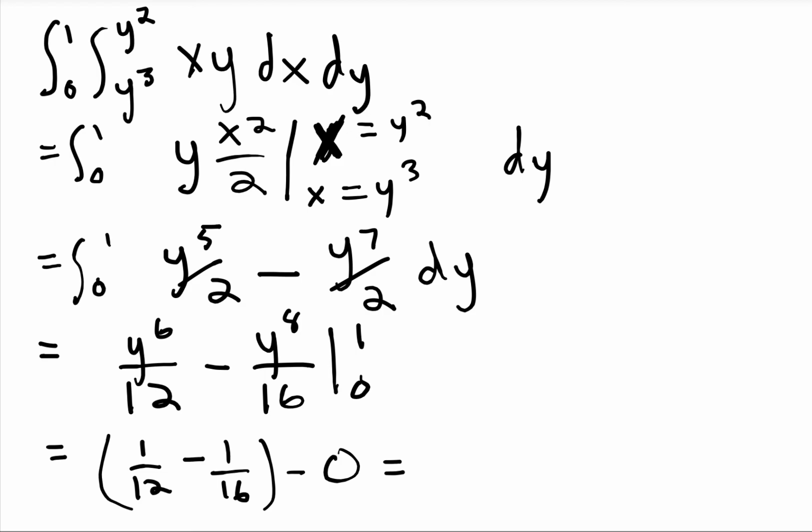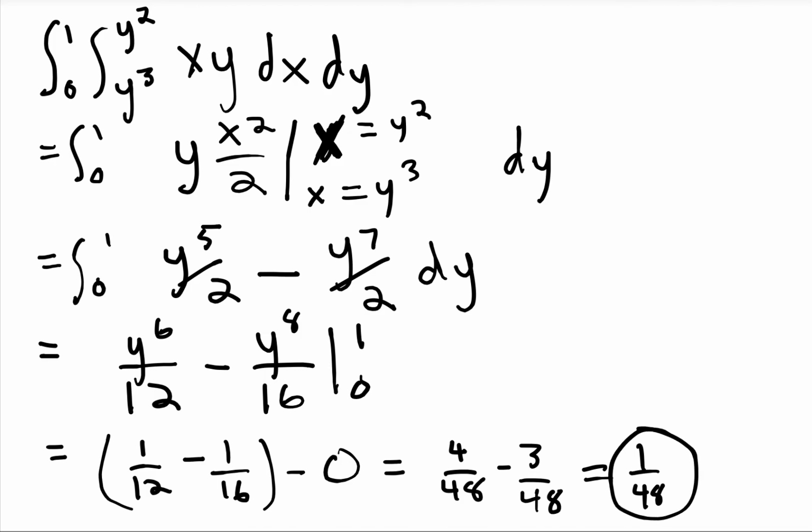So probably something like if I try this over 48, this boils down to 4 over 48 minus 3 over 48. Your end result is 1 over 48, okay?